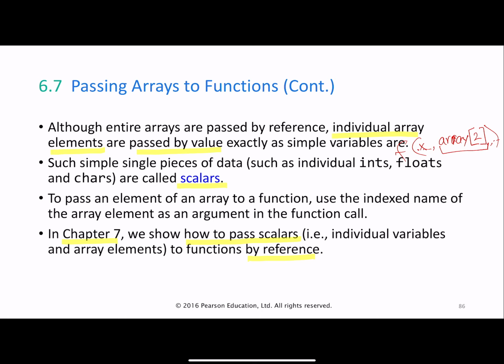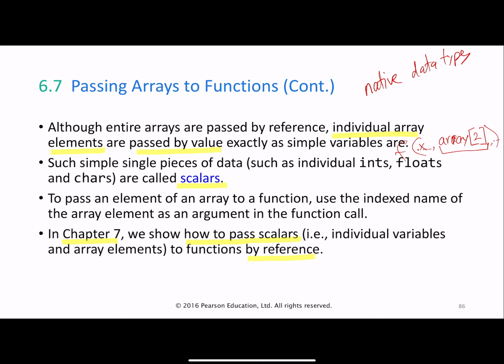Now that we're talking about arrays, I would like to introduce another term for the basic data types that we have been using in C. Those are also sometimes called native data types.